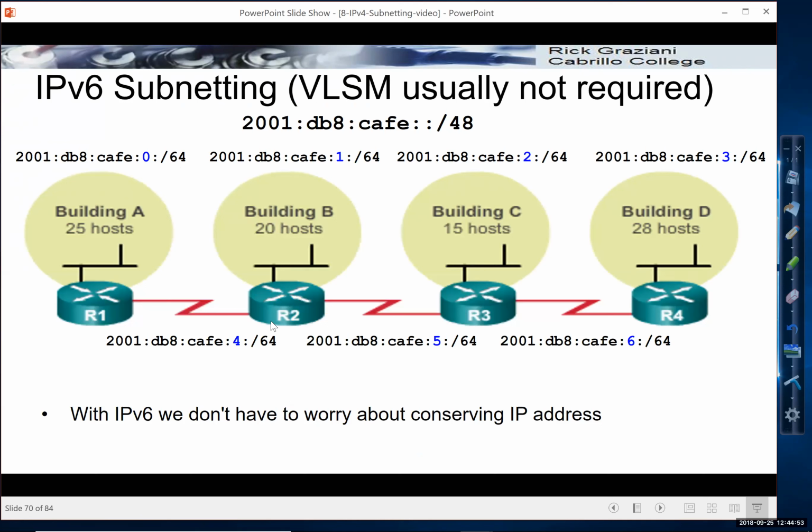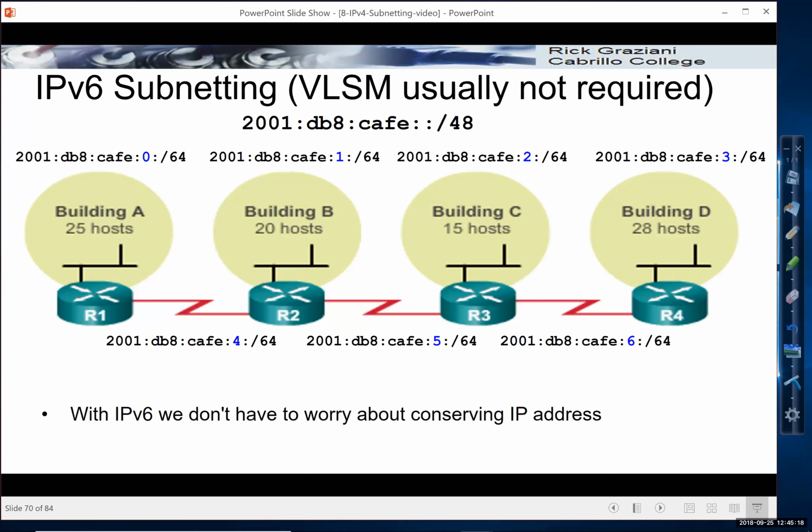How about our point-to-point links? Just give them a /64. We don't have to worry about conserving addresses. But there's only 2 usable addresses needed per link, Rick, and we're using a subnet that can have 18 quintillion. Isn't that wasteful? We're not cutting down binary trees or anything like that. It's okay.